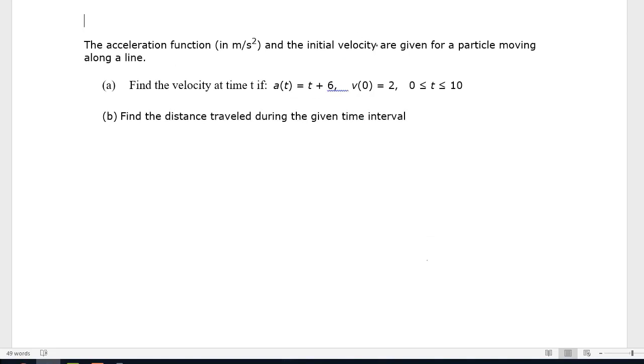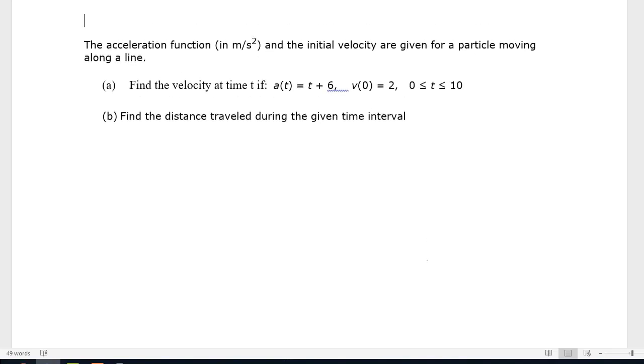In this example, we say the acceleration function in meters per second squared and the initial velocity are given for a particle moving along a straight line. Part A says find the velocity as a function of time. So if we know acceleration is t plus 6 and we know the initial velocity is 2 meters per second, let's find the velocity for any time t.